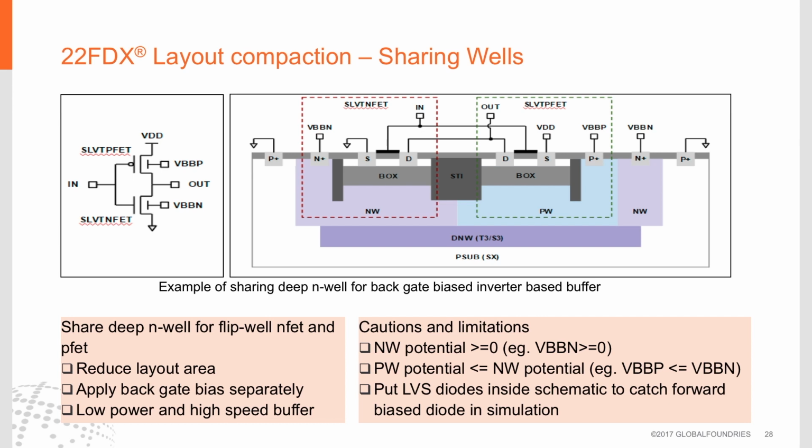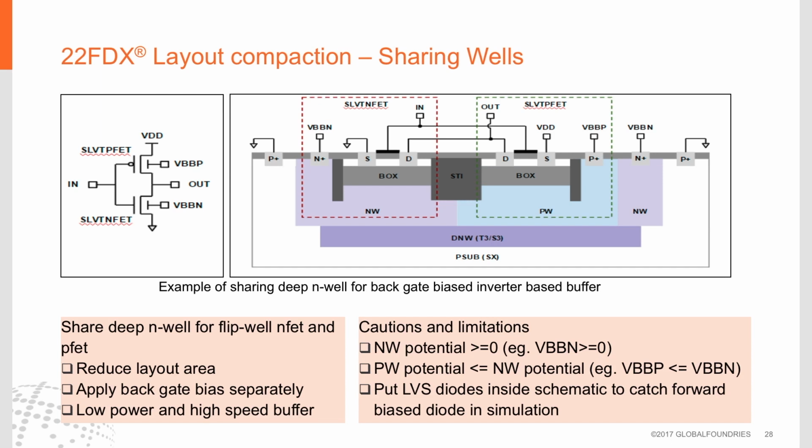Another technique for layout compaction in 22FDX is sharing of wells. The cross-section shown on the right shows where an SLVT-N FET is placed next to an SLVT-P FET. The SLVT-P FET in this case wants to have an isolated P well. We can draw T3 or S3, which is essentially deep N well, under the SLVT-P FET, creating an isolated P well.